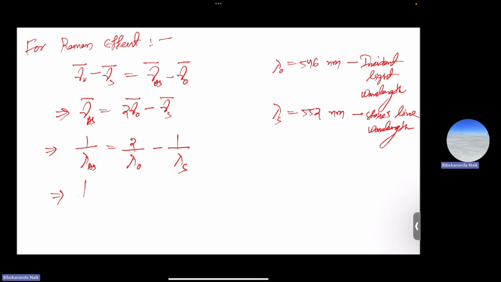So what will be 1 by lambda as? It equals 2 lambda s minus lambda 0 over lambda 0 lambda s. So lambda as will be lambda 0 lambda s divided by 2 lambda s minus lambda 0.